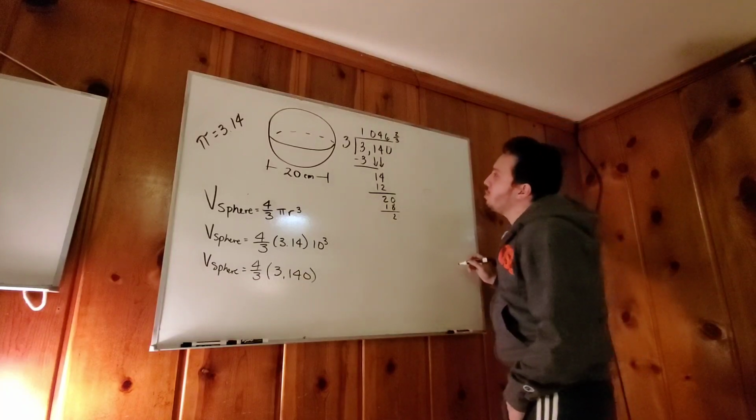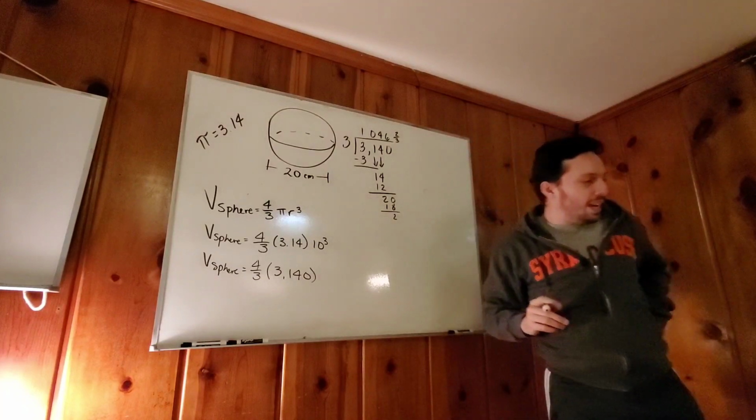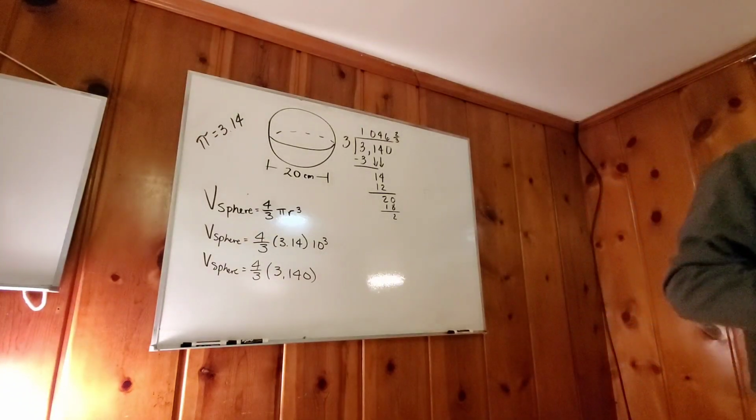So I got 1,046 and 2/3, and then I have to multiply that whole thing by 4.